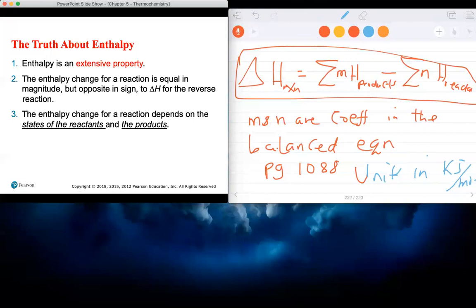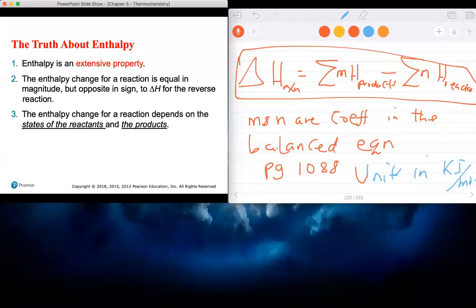If I have 5 mL and 1,000 mL, they are not the same. Area of a piece of paper, area of a yard, is an extensive property. Enthalpy is also an extensive property. That means it depends on the amount of reagent in a chemical reaction.